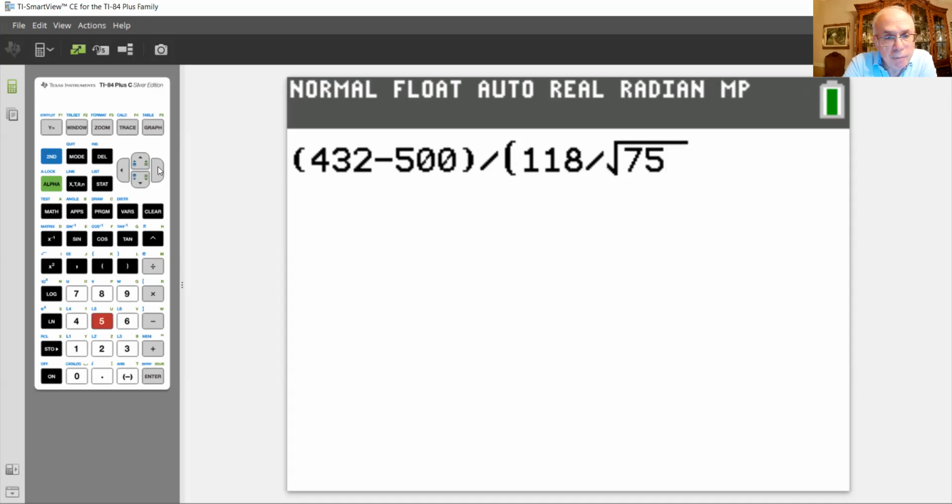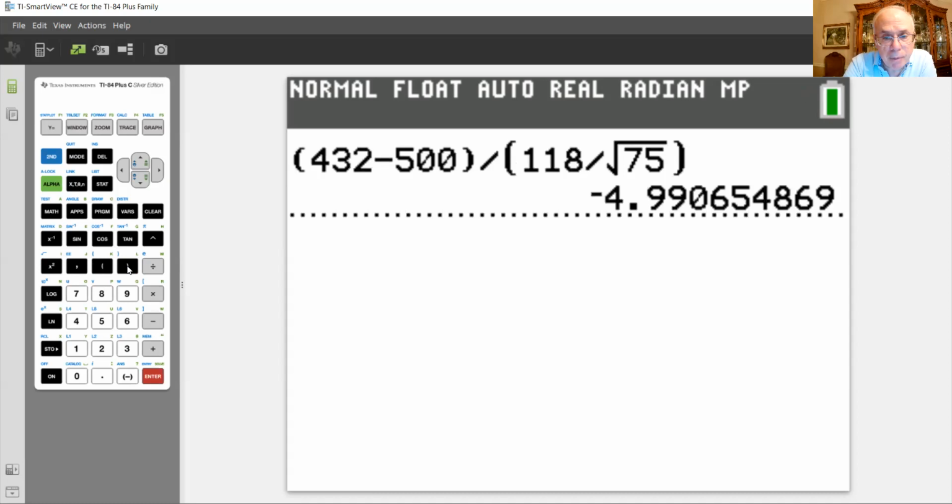Right arrow button, close parentheses, hit enter. Negative 4.99 is our test statistic. Pretty large. We're going to, again, store that in alpha A.